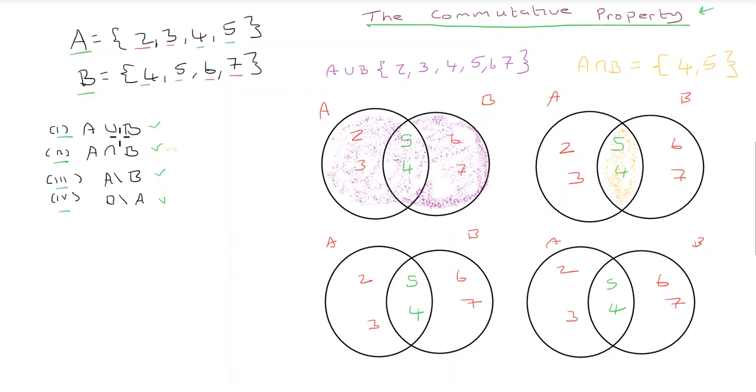So that's those two. The next one then is A complement B. What that means is everything in A except what's in B. So A complement, let's use a different color, let's use red.